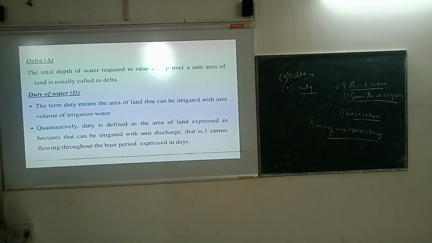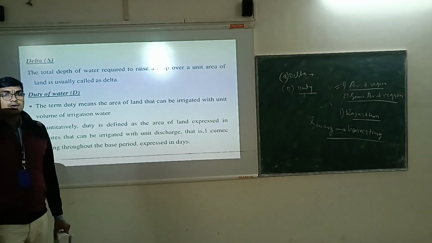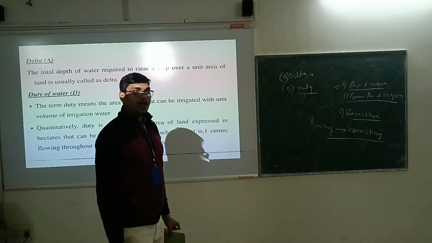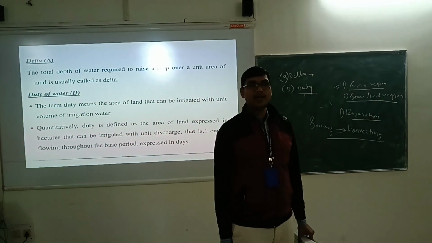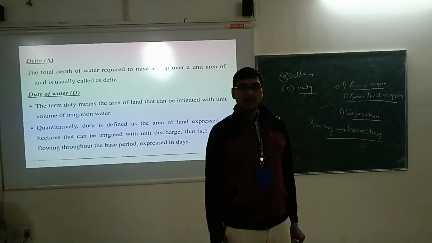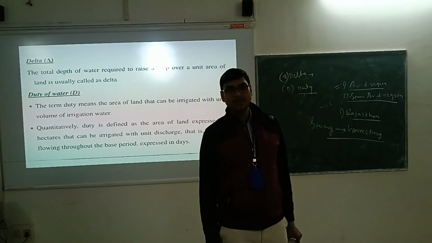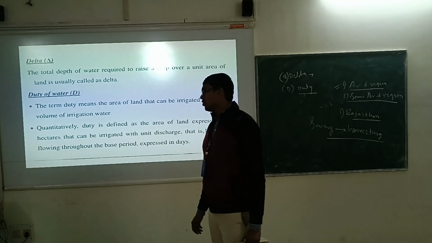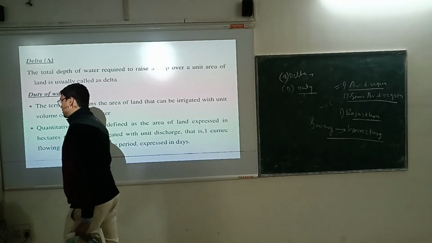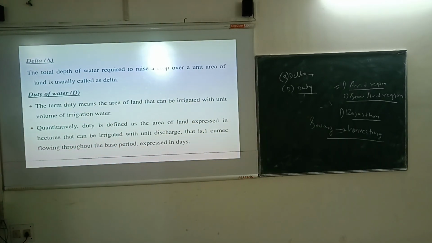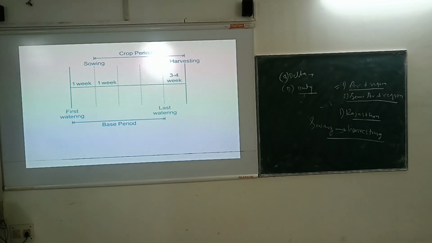Delta means the total depth of water required to develop a crop. That is the total depth of water, so we have to find out this delta value. What is given?